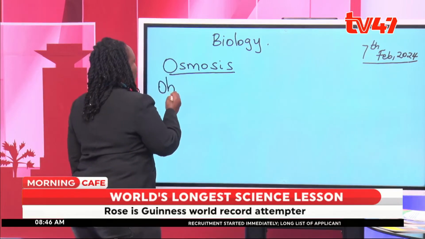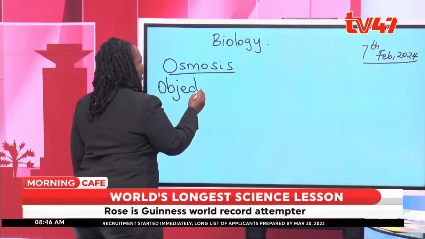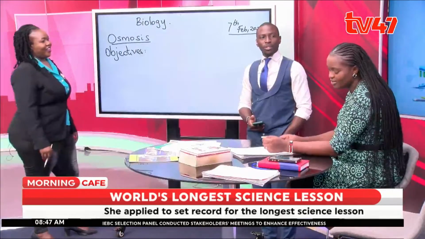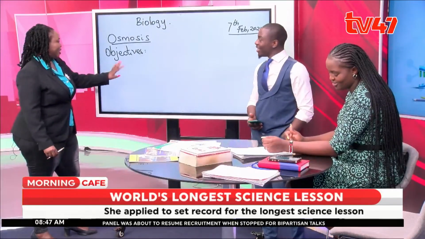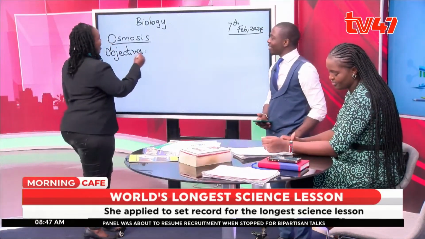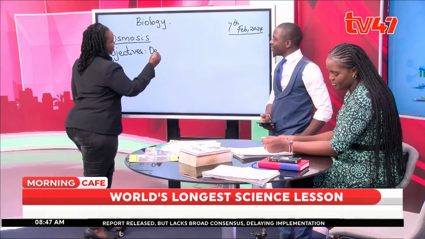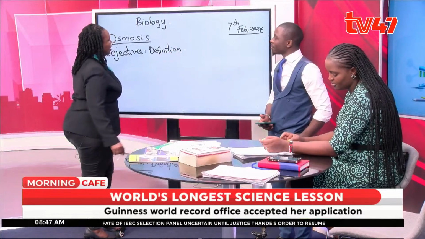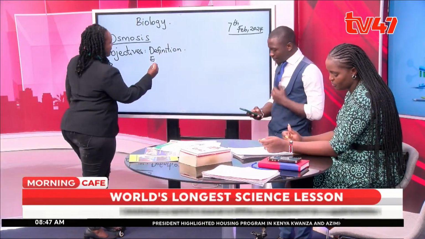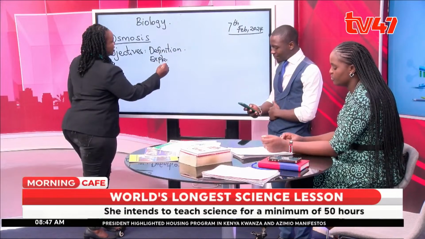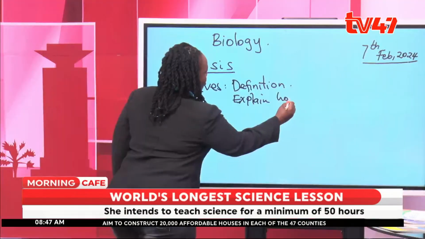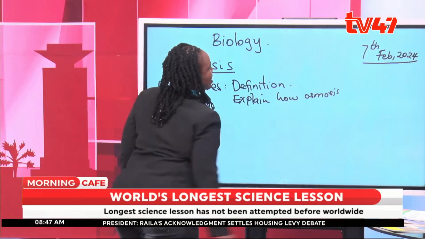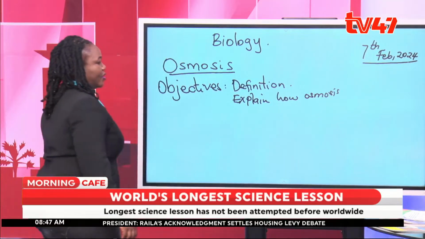So the objectives for this lesson are that they have to know the definition of the word osmosis, then they have to explain how osmosis takes place in living organisms. All right?